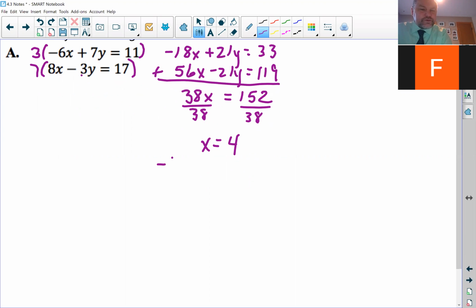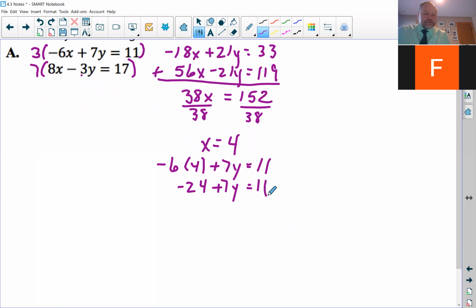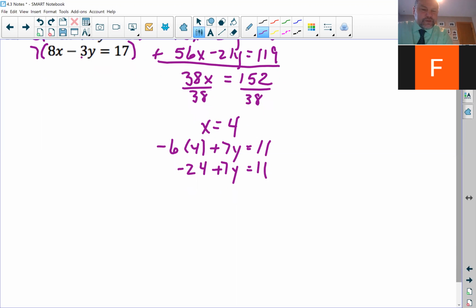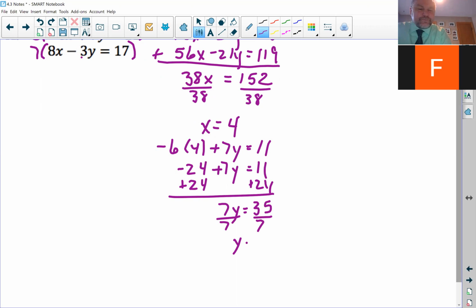So if I choose the first one, negative 6 times 4 is negative 24, plus 7y equals 11. Now I'm going to add the 24 to both sides. 7y equals 35. Divide by 7. We get y equals 5.